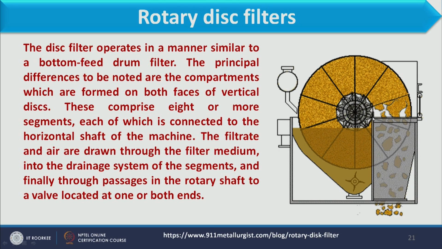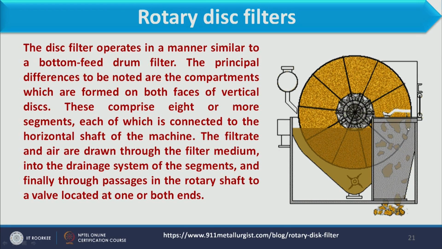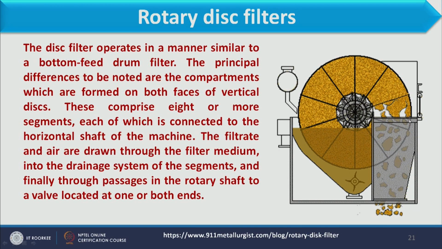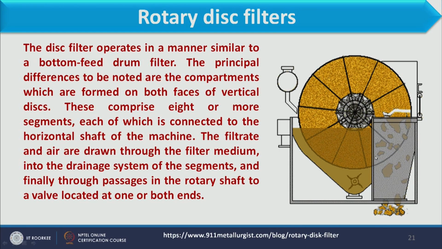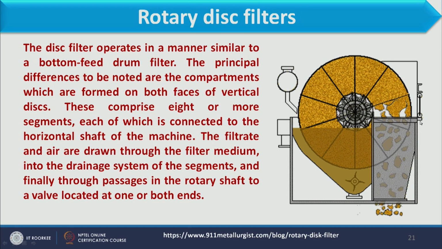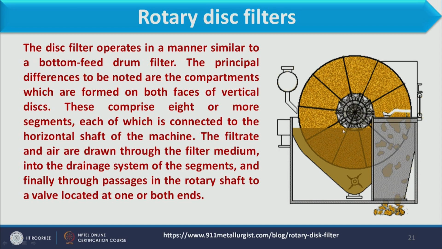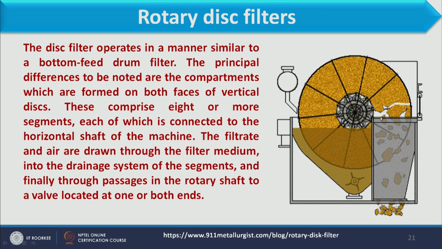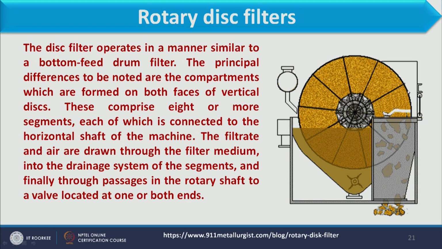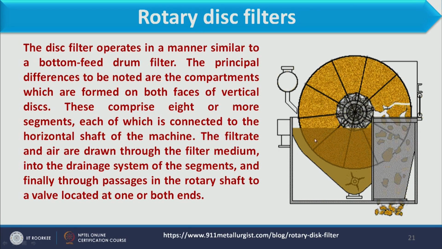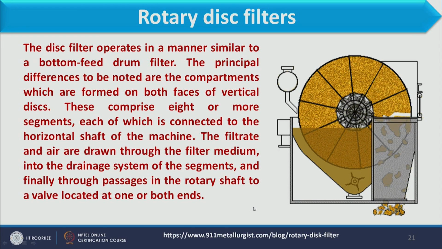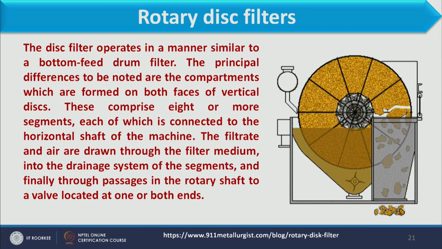Now at the end, in the rotary drum a knife is there along the length, but in the disc the knife is along the radius. This knife continuously removes the cake formed from both sides of the disc. So this is the basic principle of the rotary disc filter.